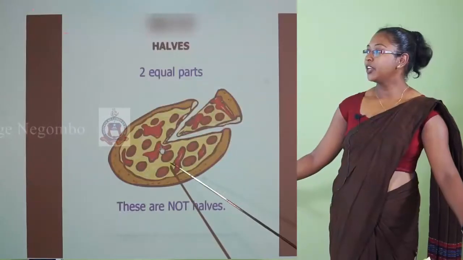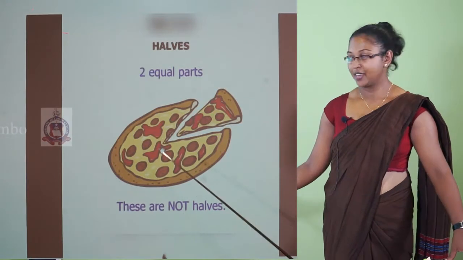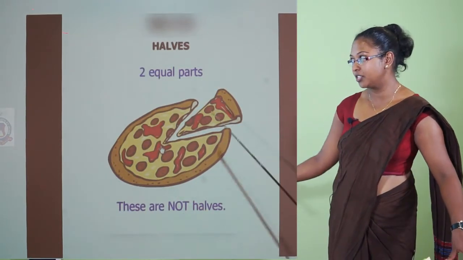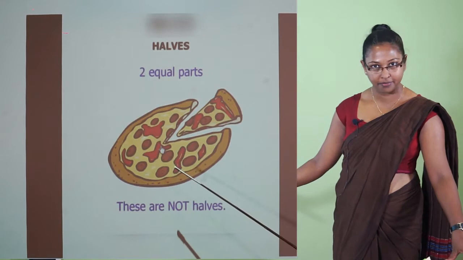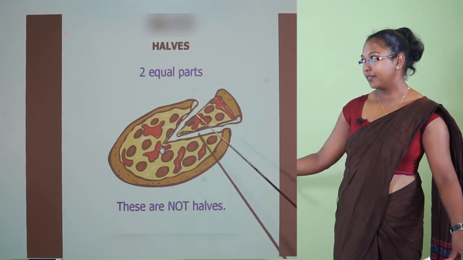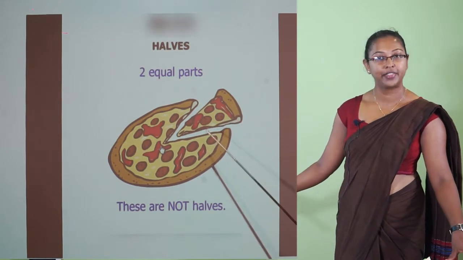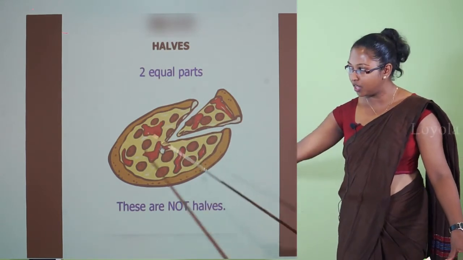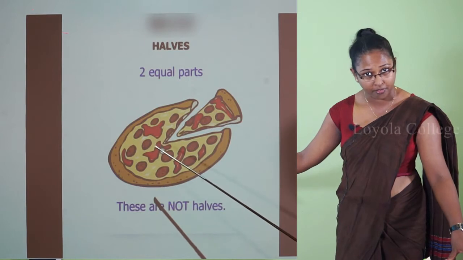Let's look at this video and you will understand what half is. Look at this pizza. It is also divided into 2 parts. Are they equal? No, this is bigger and this is smaller. So, can we call this one part a half?